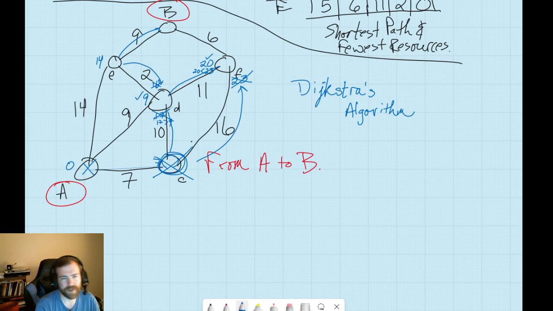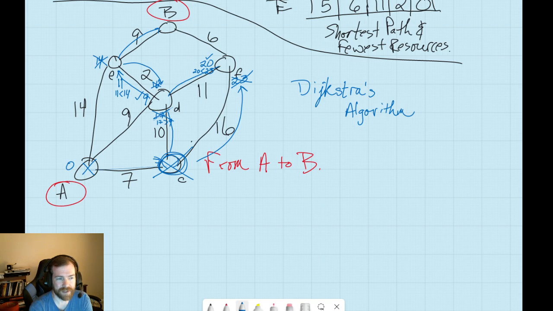Oh, right, I forgot one other path. A to D to E. A to D to E is going to be 9 plus 2, which is 11. Which is, 11 is less than 14, so 14 is out.